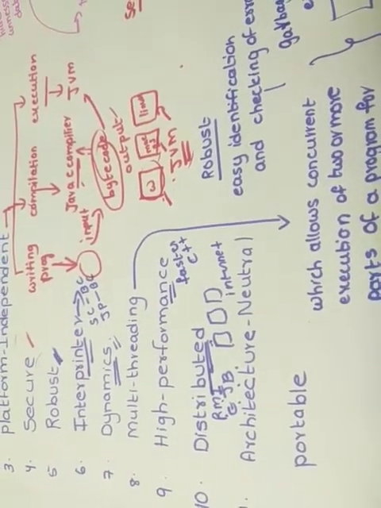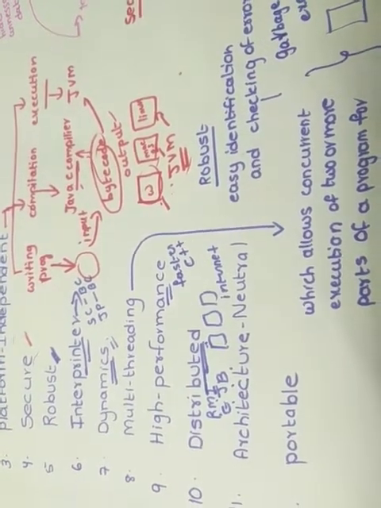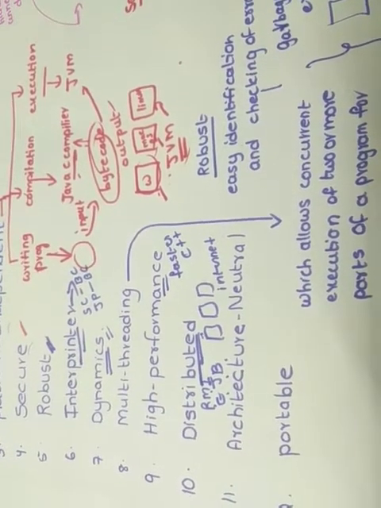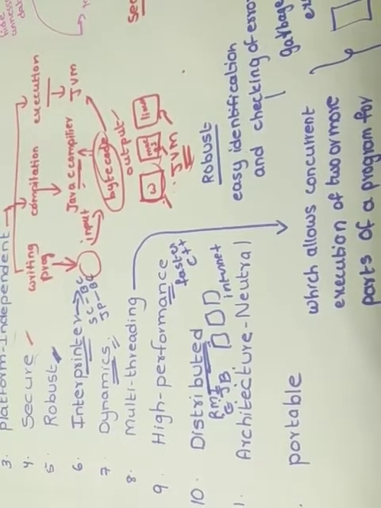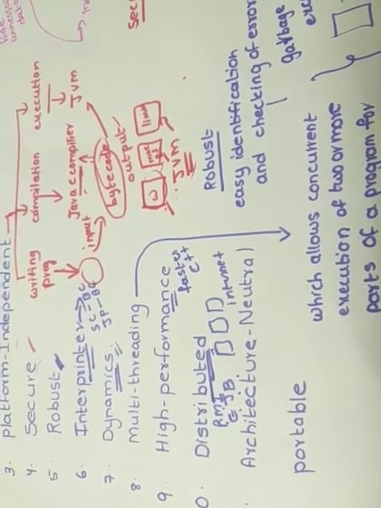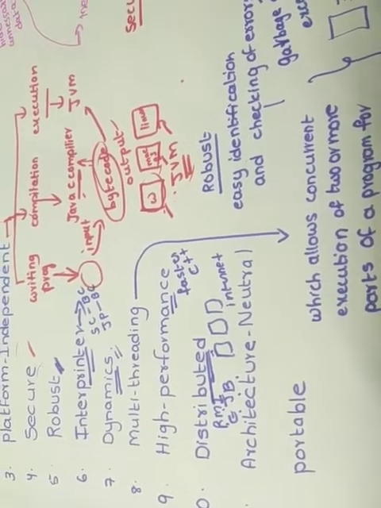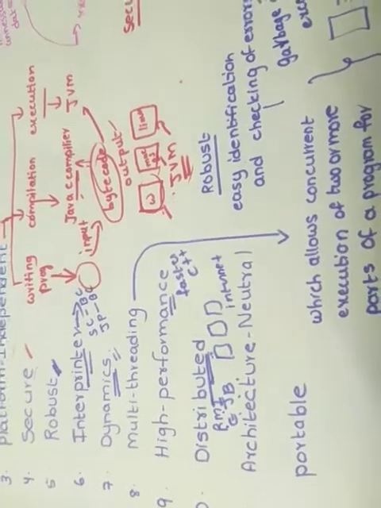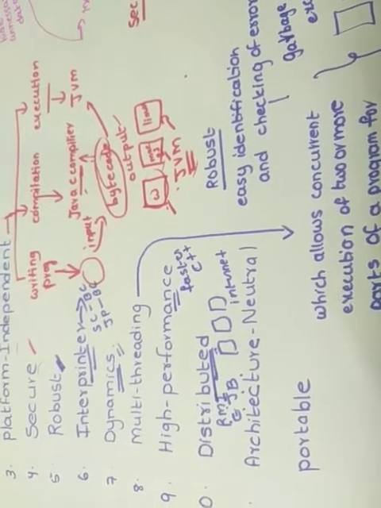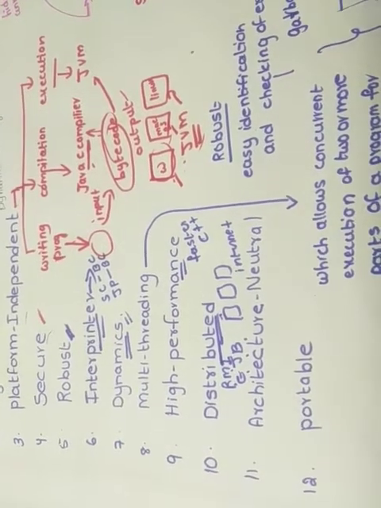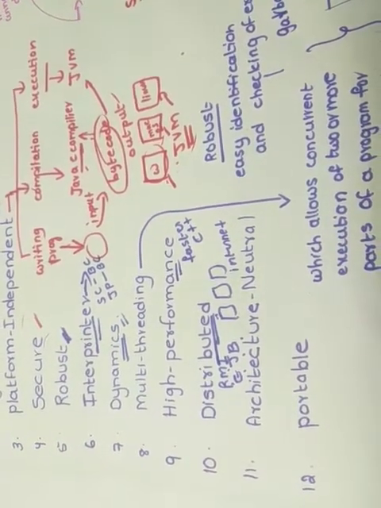Java is architecture neutral. What is the meaning of architecture neutral? For example, consider C language. The size of a data type depends upon the architecture of the compiler. Suppose if you take an integer variable, if it is 16 bit, then the compiler takes 2 bytes of memory.